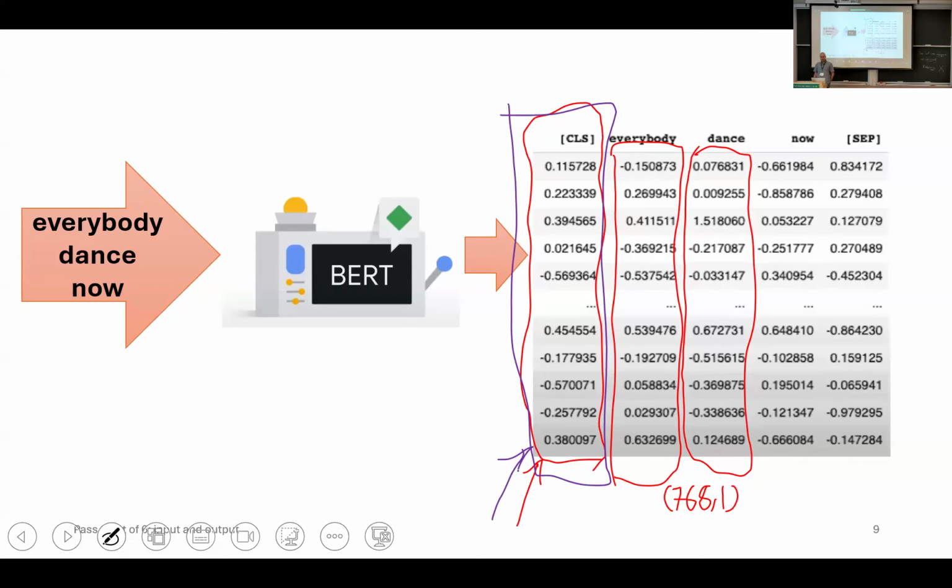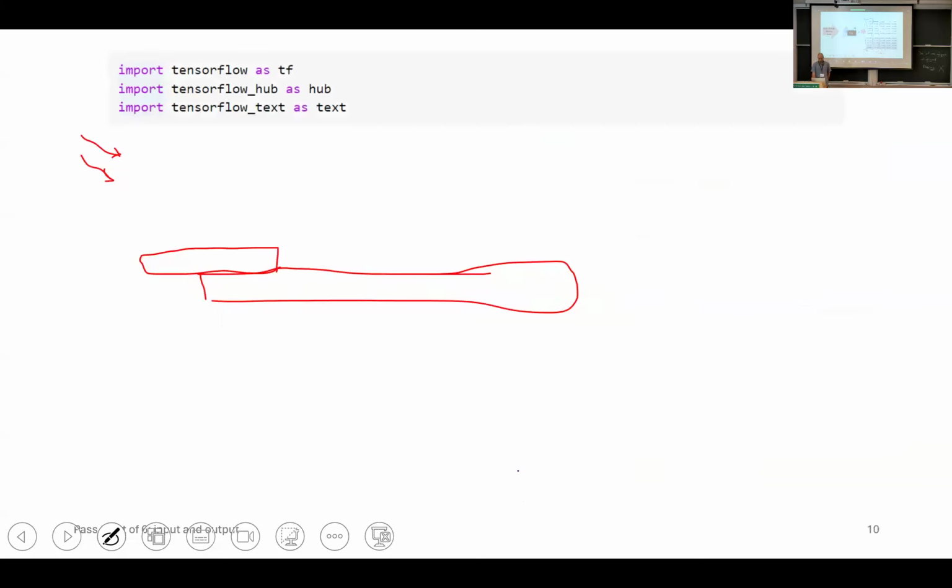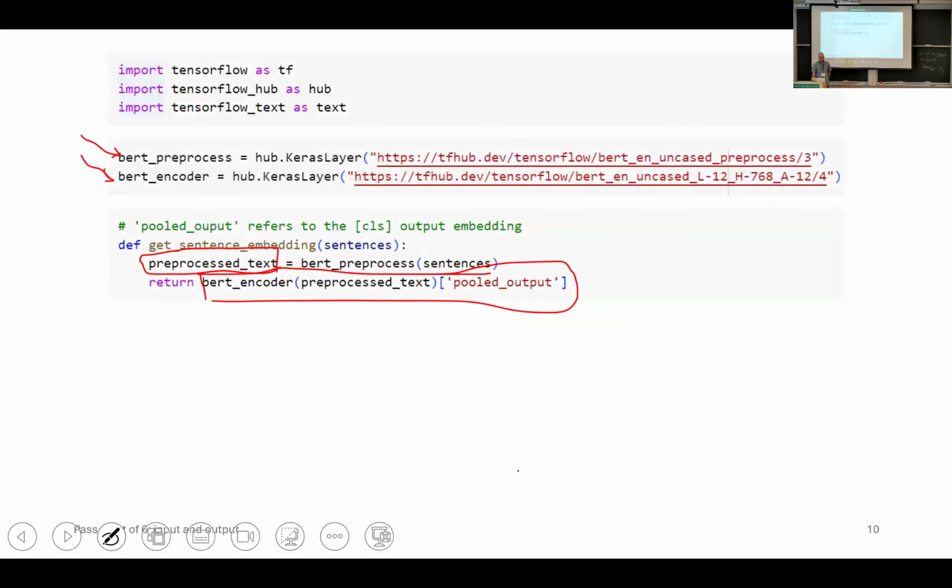You might have guessed that CLS stands for classification. So if you want to do text classification, we can just take this output and give it to any classifier, logistic regression, random forests, any classifier, ideally something that doesn't suffer from the curse of dimensionality, so something that has regularization or otherwise can handle high dimensional data.